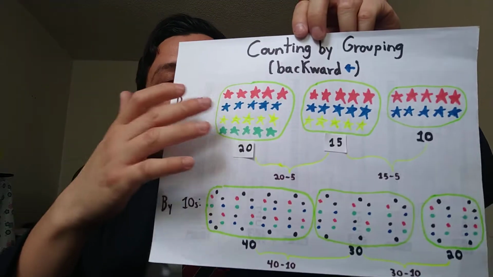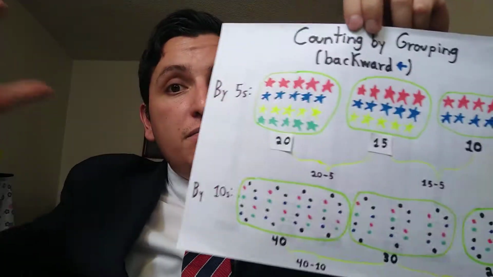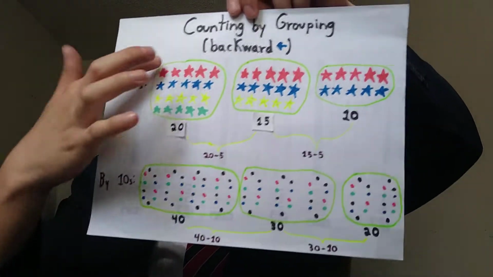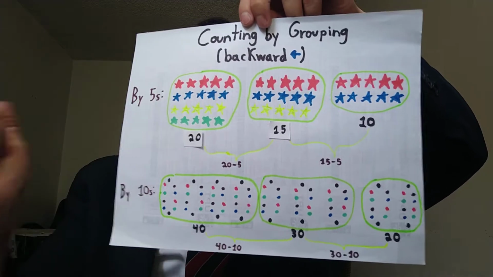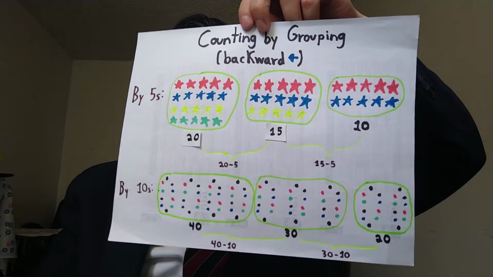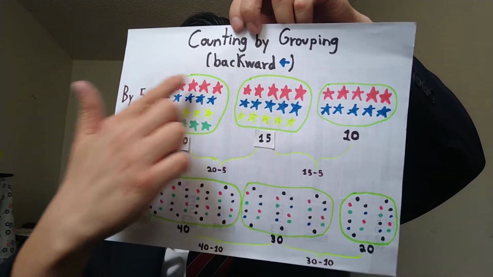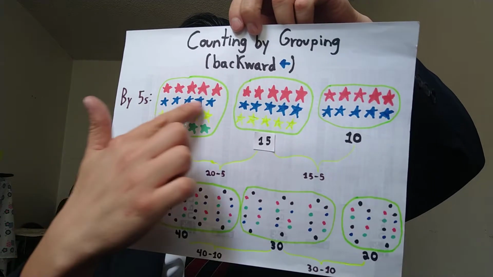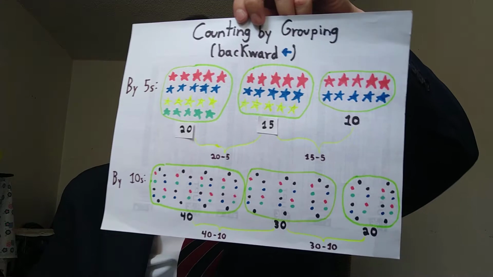In this scenario, we must make a bigger group, a very big group. For example, in this group right here, we have 20 stars. How do we know it? Because we can count by fives. 5, 10, 15, 20 stars. The same number that we have here.